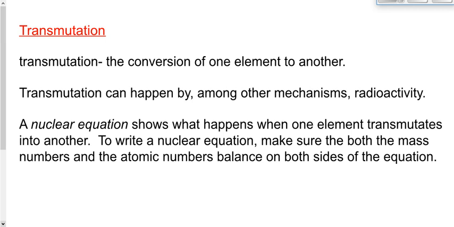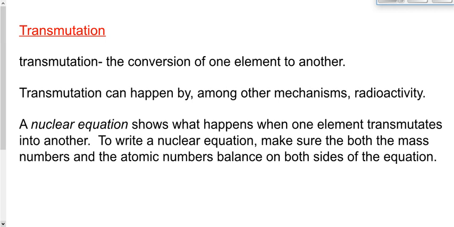Radioactive decay is not the conversion of an element, but the decay of an element that leads to the conversion to something else, the transmutation to something else. So transmutation is just the conversion of an element to another element that can happen by radioactivity, by fission, by fusion. We're going to talk about both of those this week.